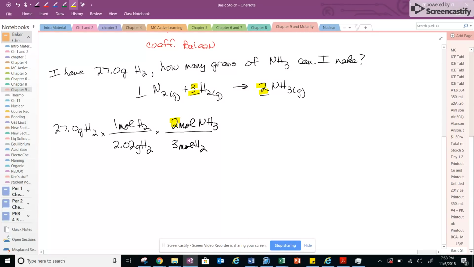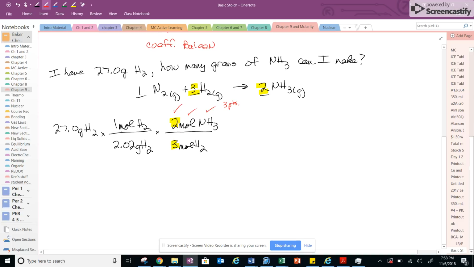Now, this is really important again, guys. Remember, I told you in our last unit, we need a number, we need a unit, and we need an identity of a substance. There's 3 parts to everything that we write down there, because a mole of ammonia doesn't cancel with a mole of nitrogen or anything else.